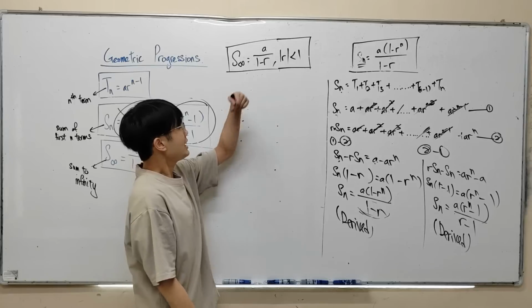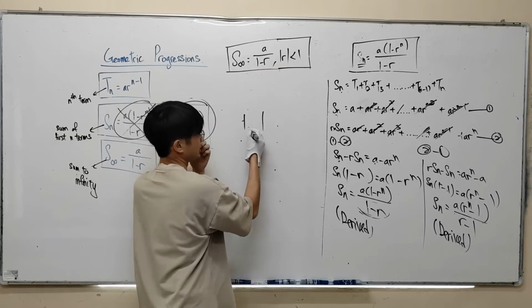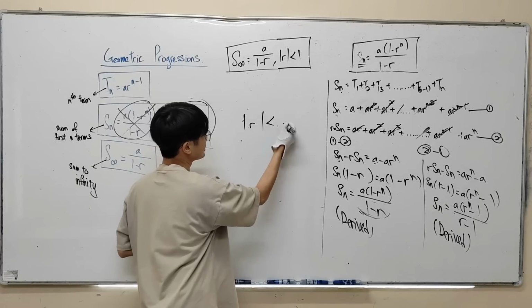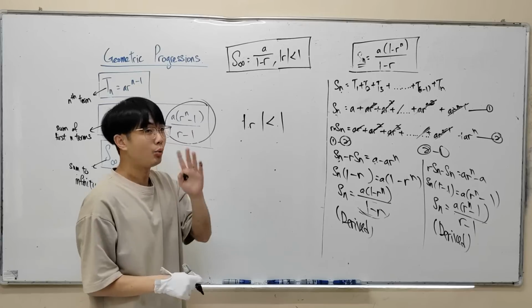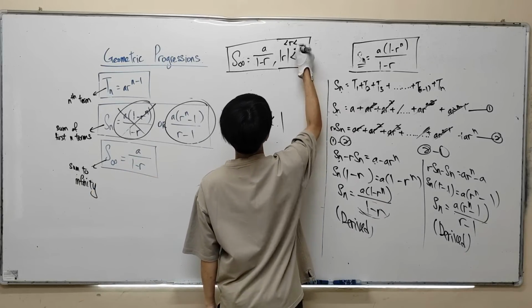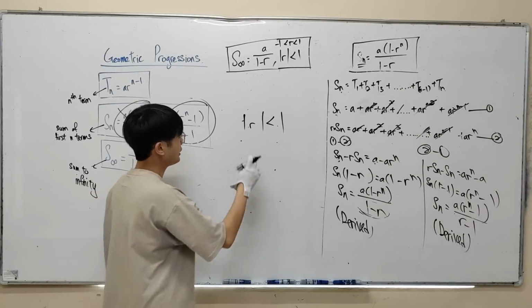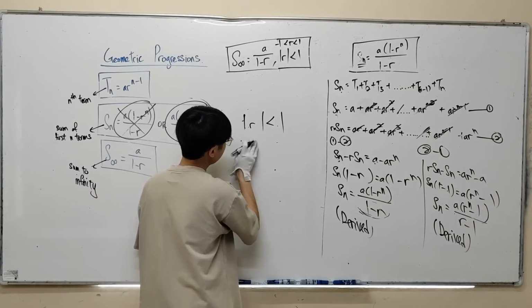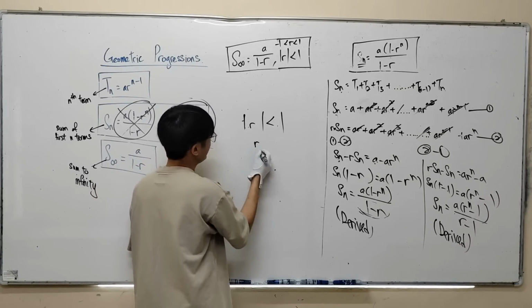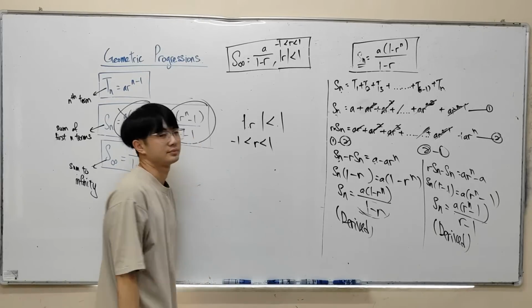Okay, let me explain what this is. This symbol you know is modulus, right? But what does it mean by modulus R smaller than 1? What it means is the R has to be in between negative 1 and 1. So I repeat, modulus R smaller than 1 means that the R has to be in between negative 1 and 1.